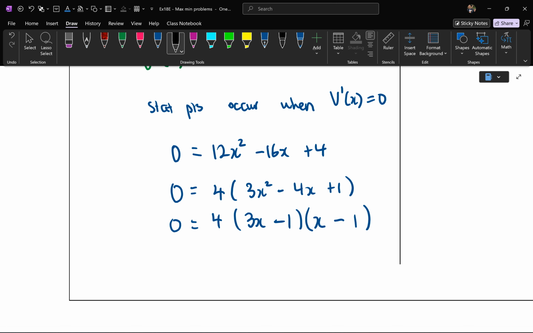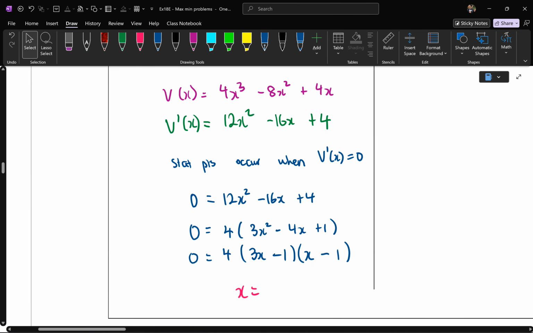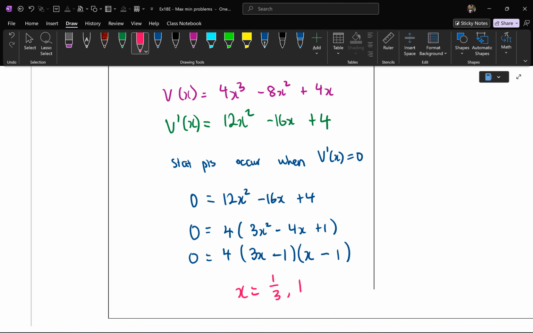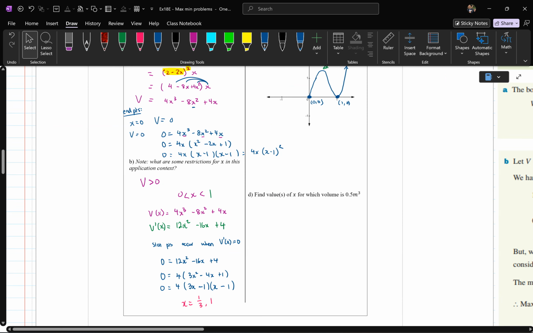Solve for x. What are my possible values for x? Good, 1/3 and 1. This means these are my possible stationary points. If you look at the graph, it makes sense as well. At x equals 1, yes, I had a turning point.